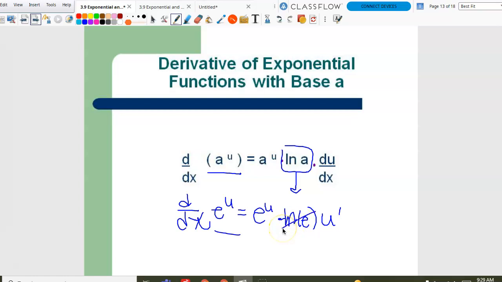So technically, when you're doing the derivative of e to the u, it's really like a to the u, but because ln and e are inverses, you don't see it. But if the base is anything other than e, like if it's 3 to the x, then you have the ln of 3 in your answer. You'll see.